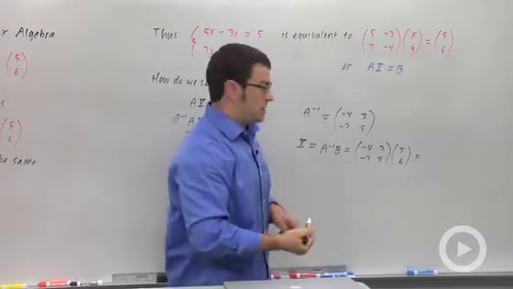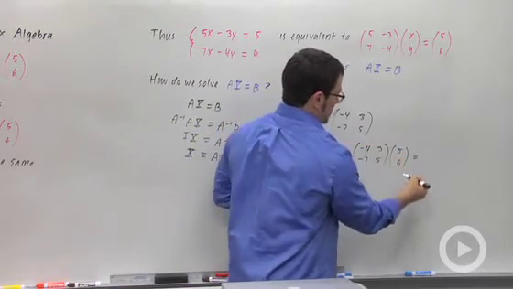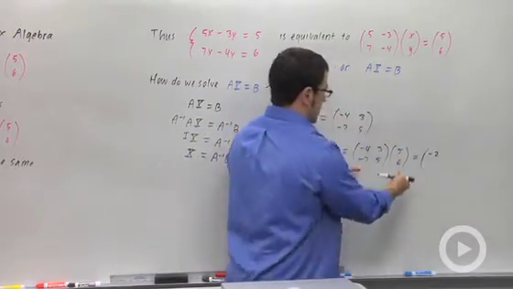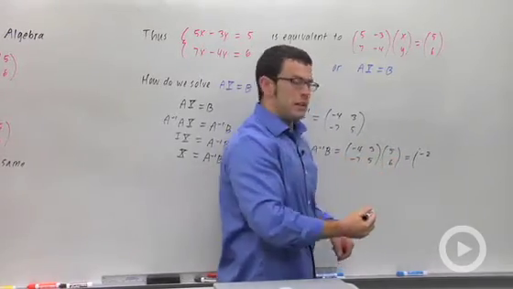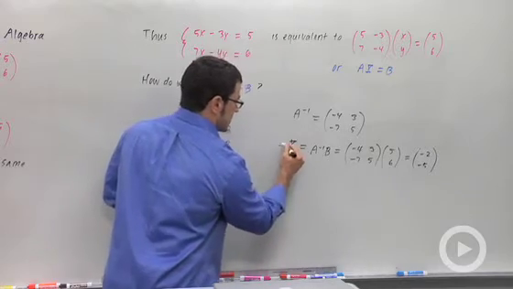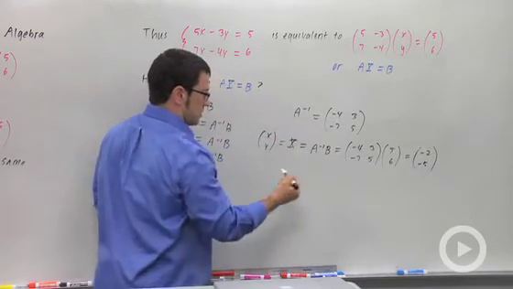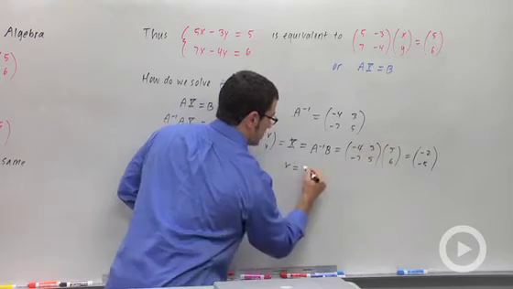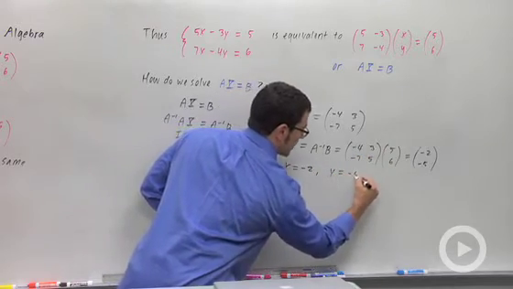And let's just do that multiplication. It's -20 plus 18, -2. -35 plus 30, -5. Right? And this is [x; y]. So that gives us our solution. x equals -2, y equals -5.